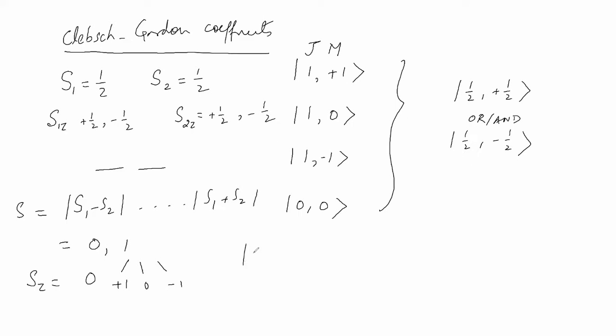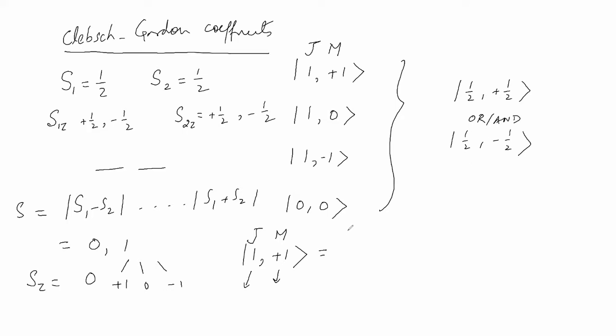In the first case, I took that I want a system of two spin half particles such that the net spin is 1 and the spin projection of the system is plus 1.